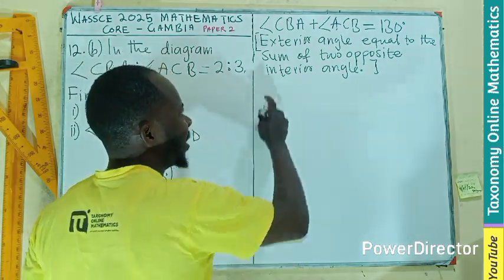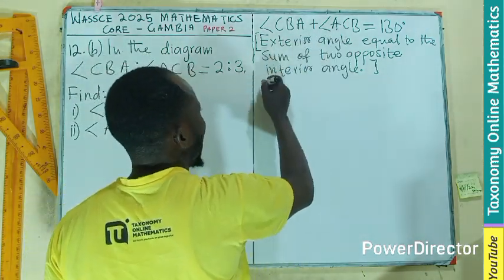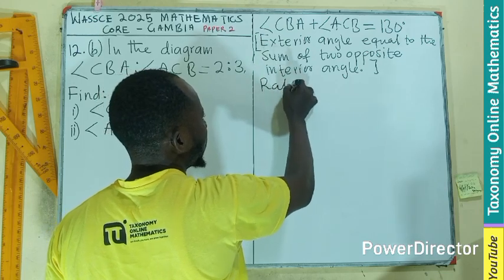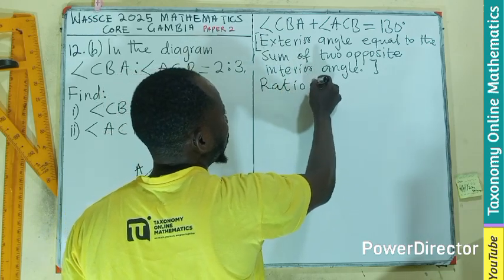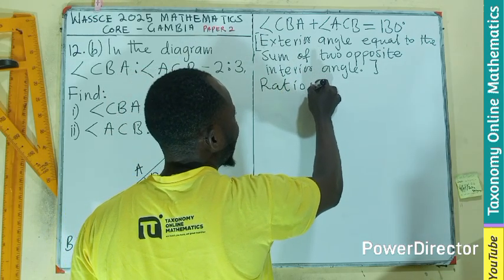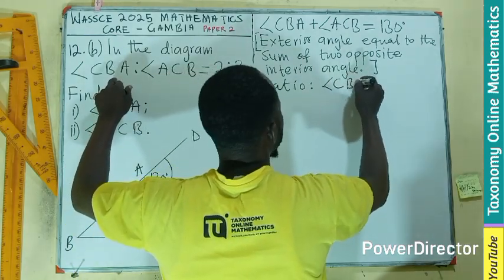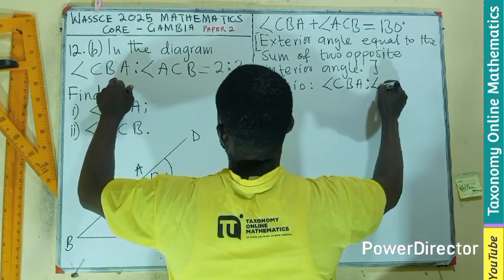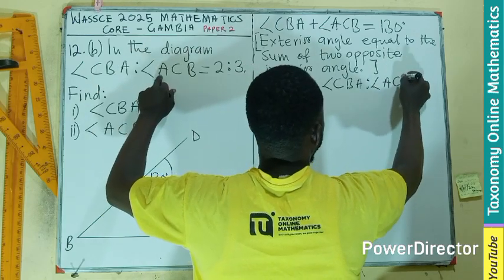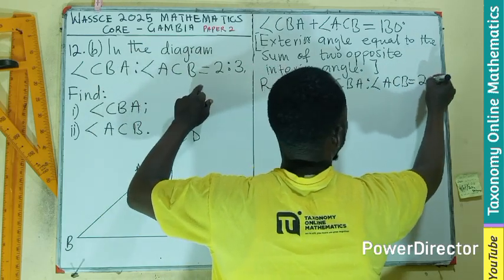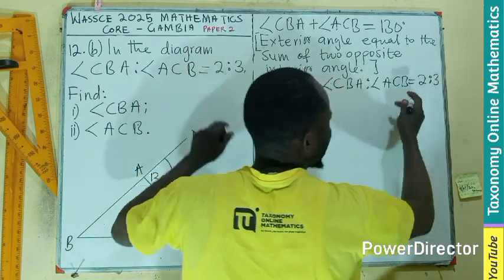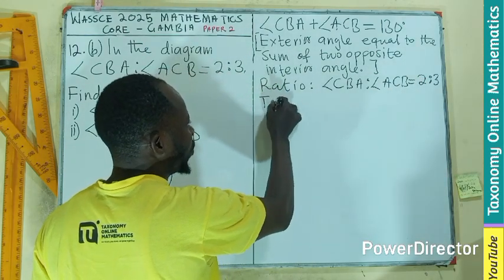So this is the ratio given to us: angle CBA is to angle ACB equals 2:3.